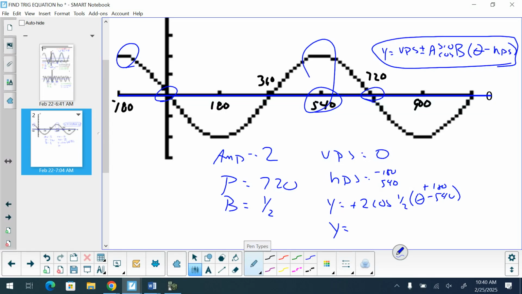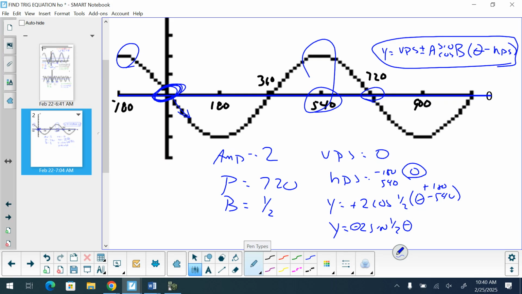Anybody use a sine curve here? That is correct. If I use this point right here and add a horizontal phase shift of 0, I have a sine curve here, but we have to remember we're going down first, which throws a negative in with that.